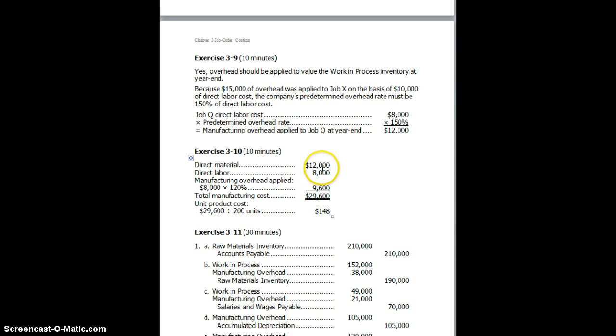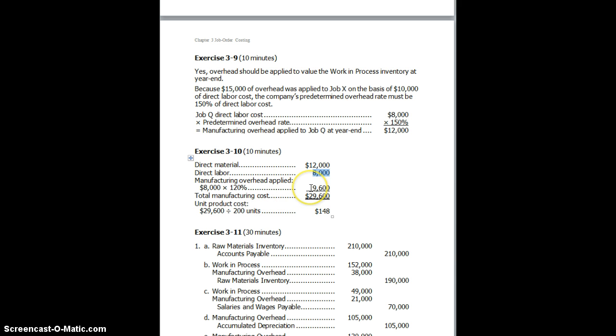Well, this problem is a somewhat basic problem in dealing with calculating total product cost and applying overhead based on whatever cost driver the company uses. We are given, as you can see here, the direct material cost of $12,000. We're given the direct labor cost of $8,000 on this job number 413.